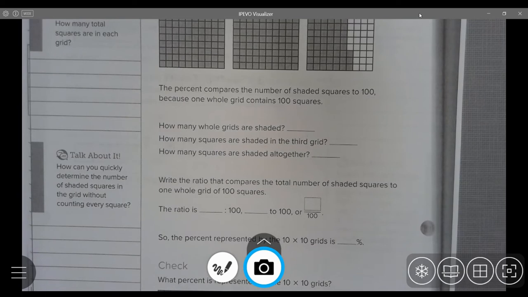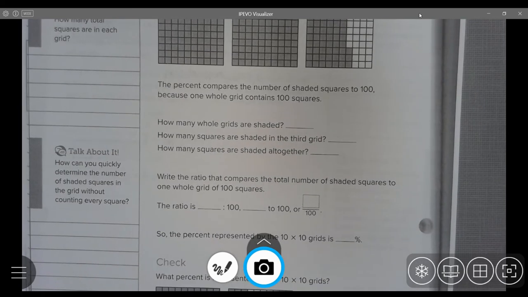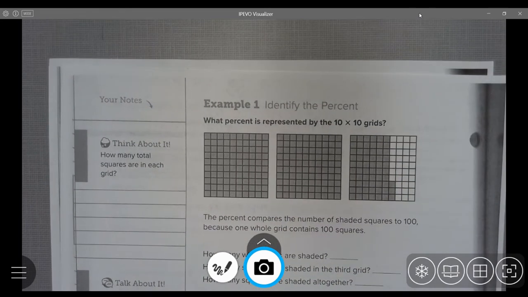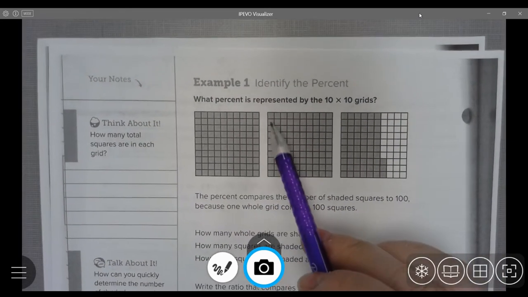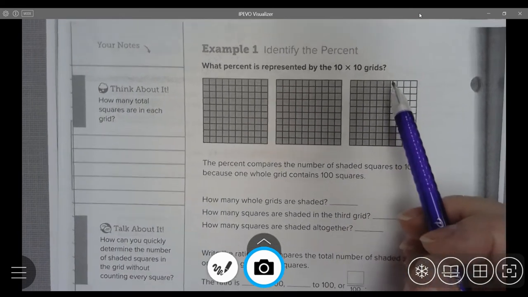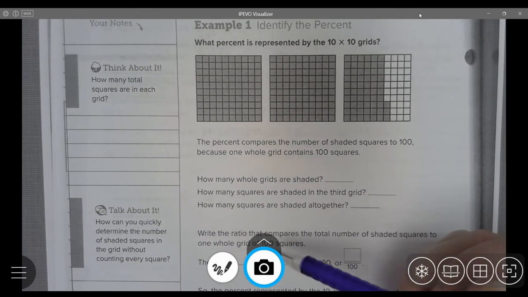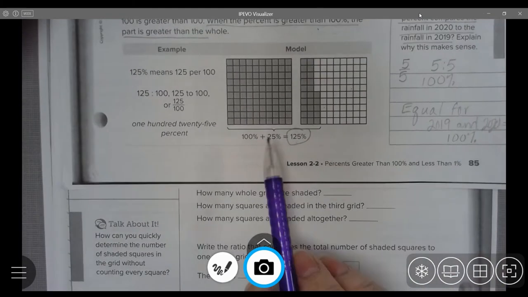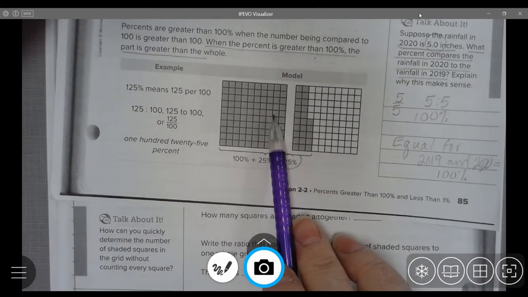If we're going on to page 86, at the very top, it says example, identify the percent. What percent is represented by this 10 by 10 grid? So at the bottom of page 85, we saw that one complete 10 by 10 grid is 100%.